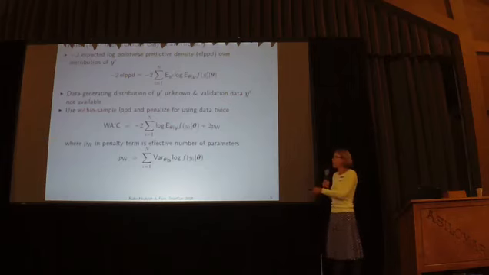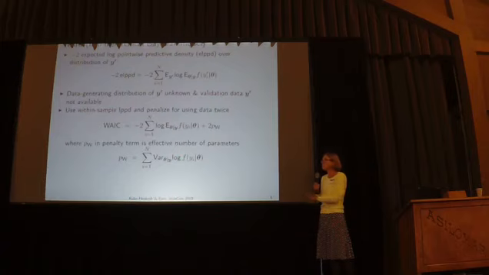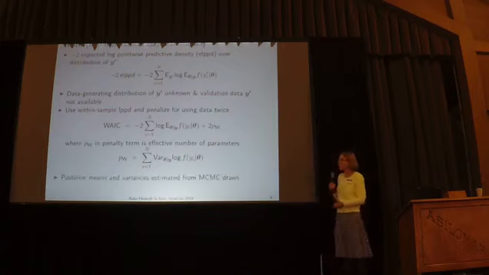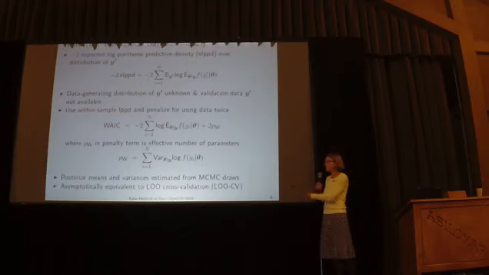And then compensate by using a penalty term twice PW, where PW is the effective number of parameters, which is now approximated by the sum of posterior variances of these log pointwise predictive densities. And the posterior variance is obtained by the sample variance of the MCMC draws of these log conditional densities.